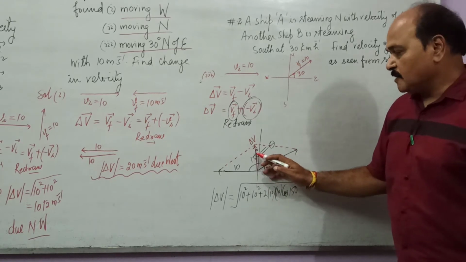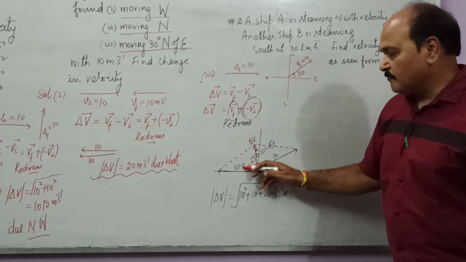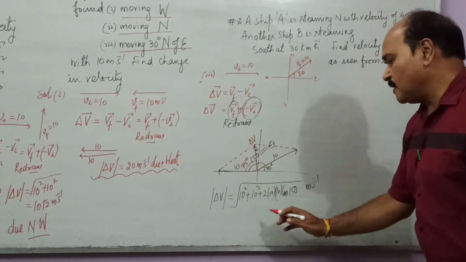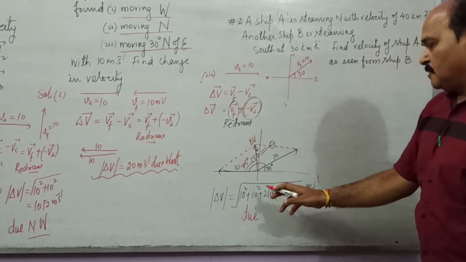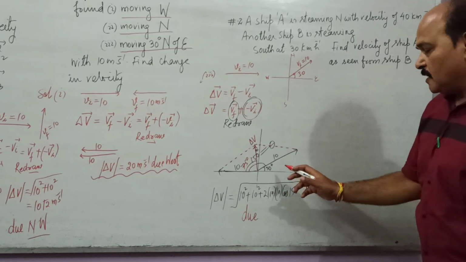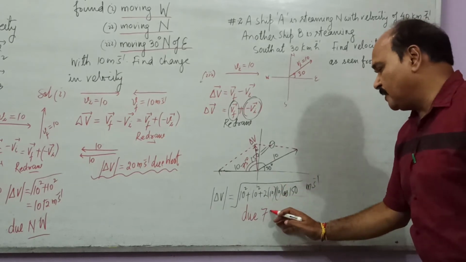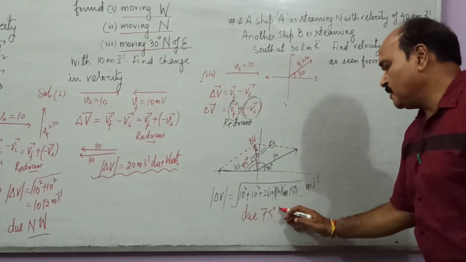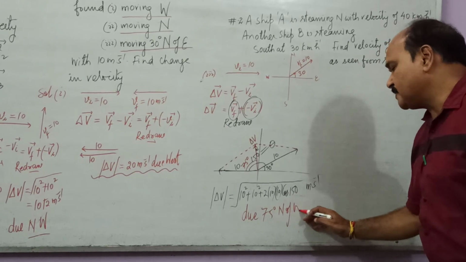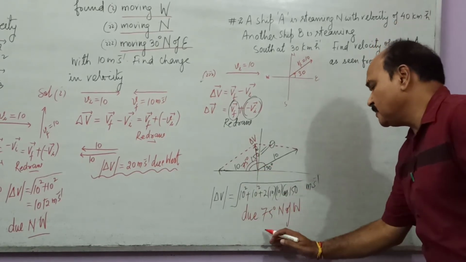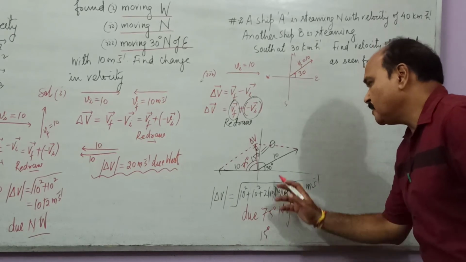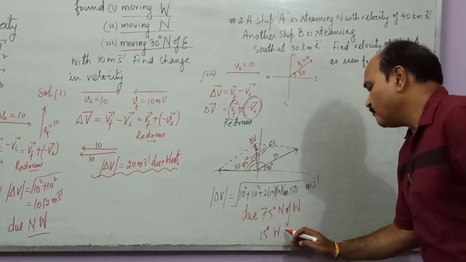Exactly midway means this angle is going to be 75 degree. So you can write down the answer: the change of velocity is this much meter per second and the direction is 75 degree north of west, or you can say 15 degree west of north.